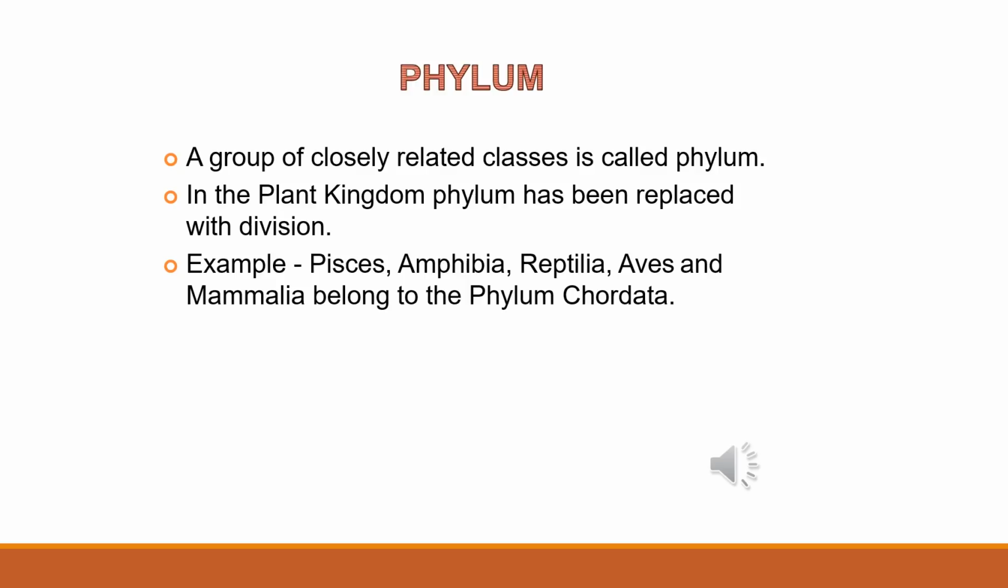Classes Pisces, Amphibia, Reptilia, Aves, and Mammalia are included in phylum Chordata. All of them possess 4 common characters: presence of notochord, dorsal hollow nerve cord, pharyngeal gill slits, and postanal tail. So these are all included in the phylum.